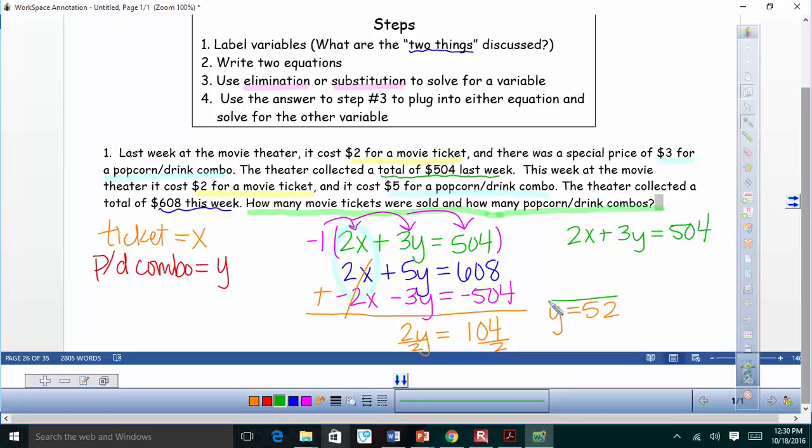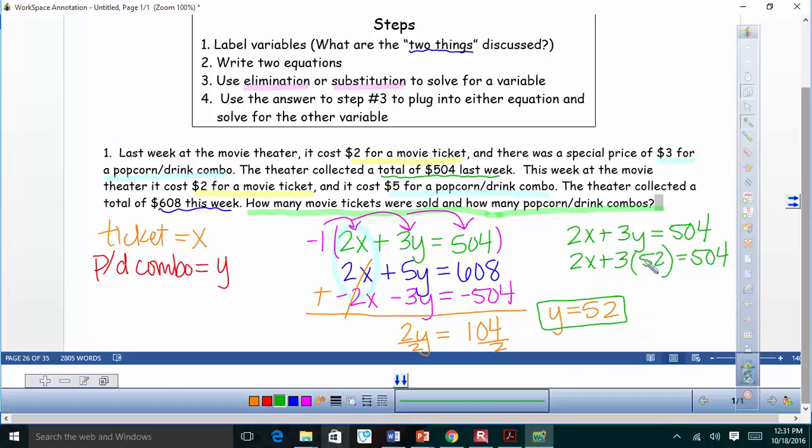What letter am I plugging in 52 for? Y. So I'm literally going to rewrite this as 2x plus 3, and then instead of y, I'm going to put 52 equals 504. Okay?